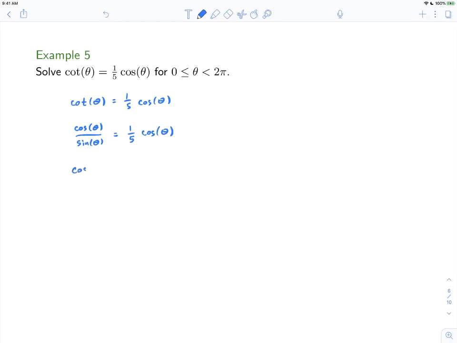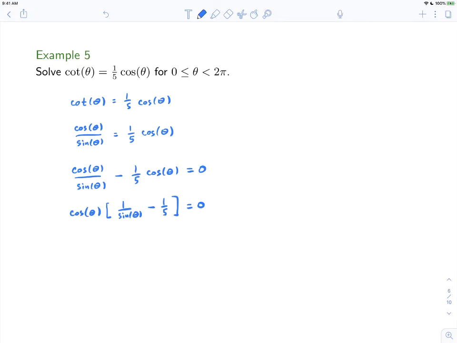So we'll have cosine theta over sine of theta minus 1/5 cosine of theta is equal to 0. Instead of dividing by cosine theta, what you want to do is factor it out. So we have cosine of theta times 1/sine of theta minus 1/5 is equal to 0.